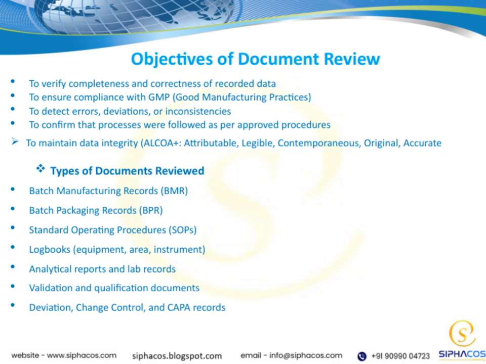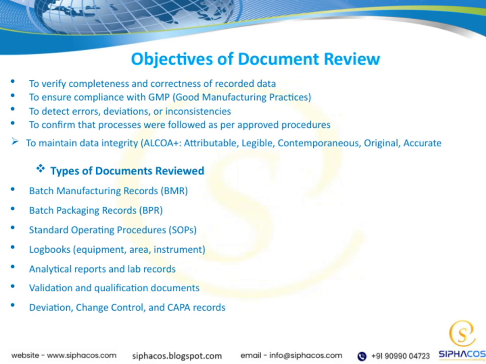Validation and qualification documents demonstrate that our processes and equipment meet required standards. Lastly, we review deviation, change control, and CAPA records to understand how issues are identified, documented, and resolved. All these documents together give us a comprehensive picture of our manufacturing process, helping us ensure quality, compliance, and continuous improvement.